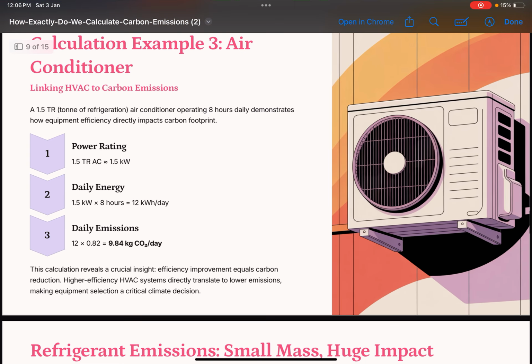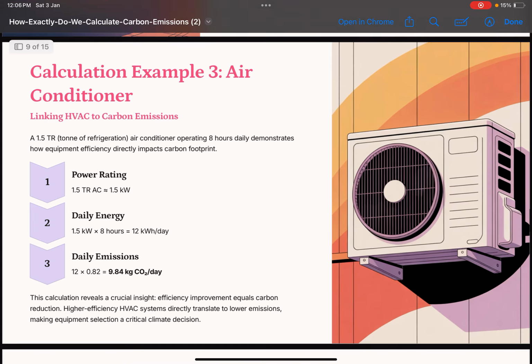Same thing about an air conditioner unit, if it is there in the facility, or let us say that we will consider this as scope 3. Now how will it be scope 3?